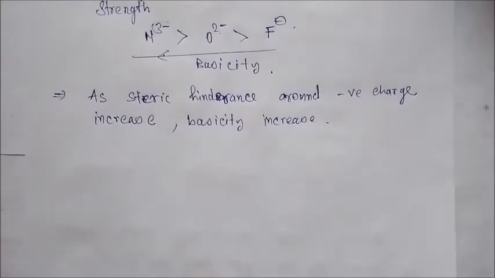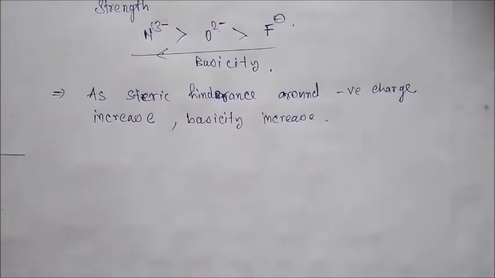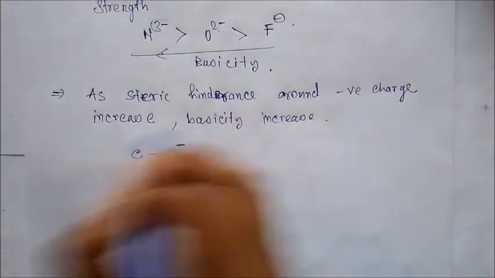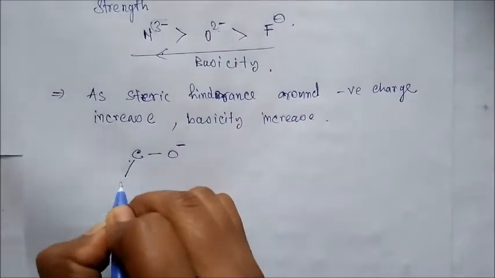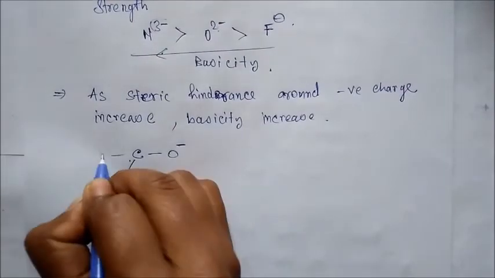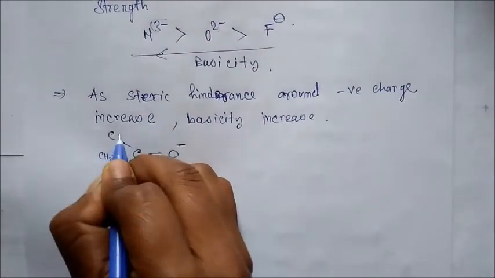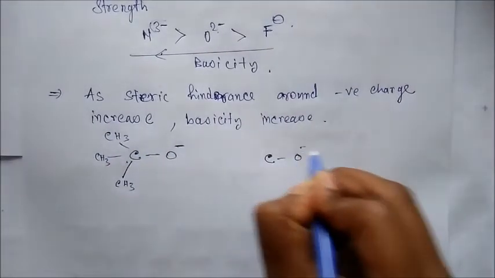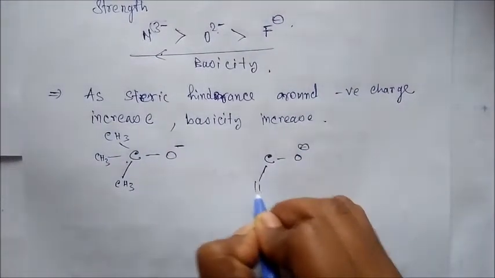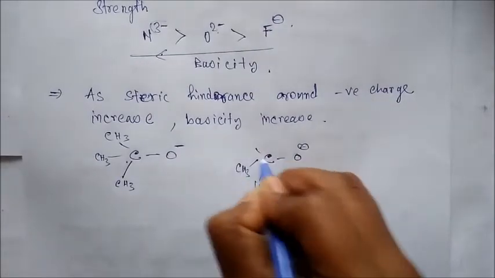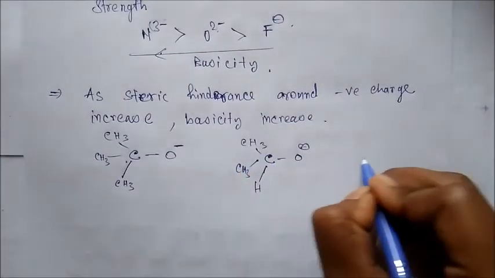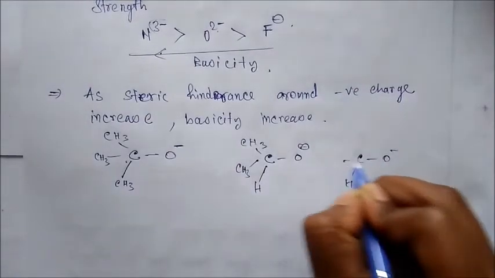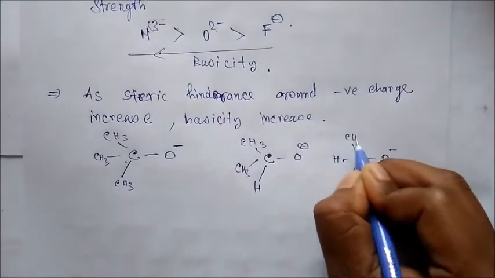Let's take an example to make it clear. Suppose we have O minus connected with 3 methyl groups. The second has 1 hydrogen and 2 methyl groups, and the last has 2 hydrogens and 1 methyl.